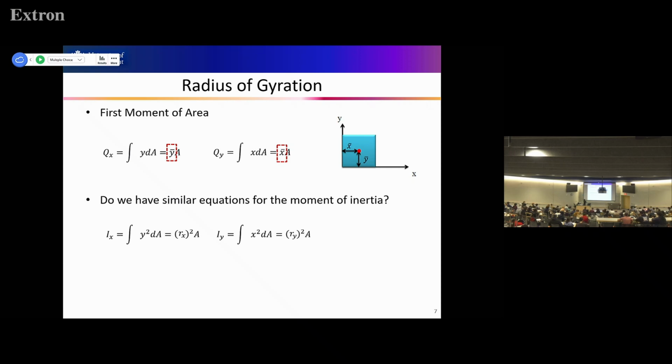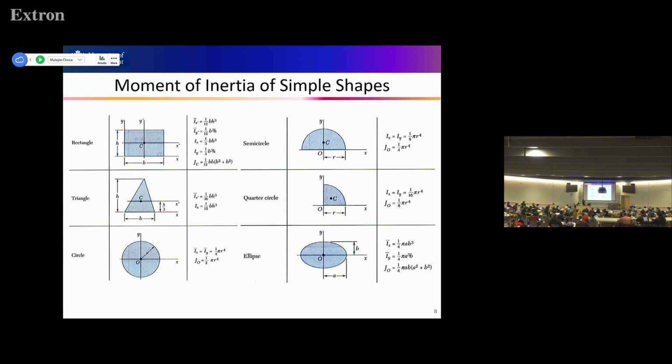Rx squared should be Ix divided by A. Taking the square root of both sides, Rx should be the square root of Ix over A. And Ry is the square root of Iy divided by A. So any question about this concept or derivation? No? Okay, good.